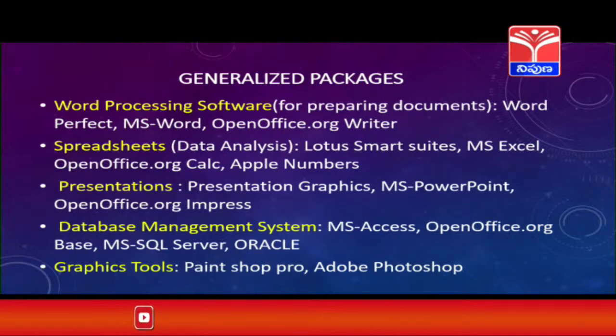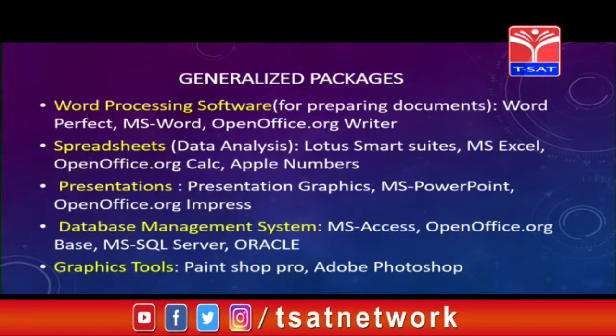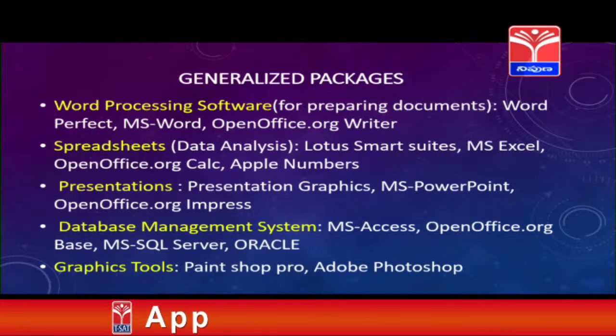So these are the word processing software. Clear? If you want to type a particular document, or prepare a file, we call it documents. So this word file or word processing software is used.